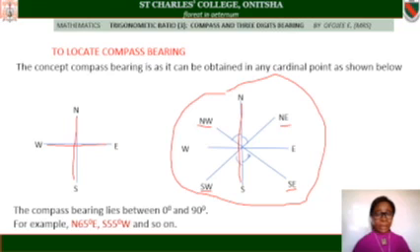The other one is northeast, which means that when you want to locate the northeast, you move from north and go to what? East. That is why north is first, then followed by east. If you also go down, you will see that in southeast, you move from south to east.